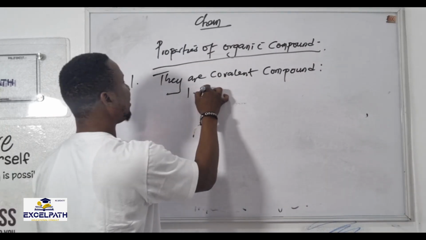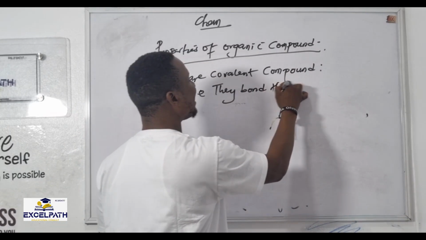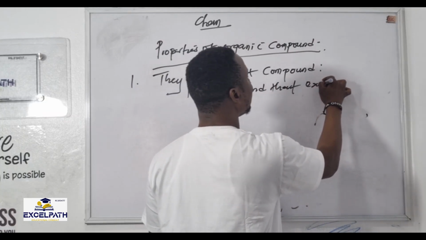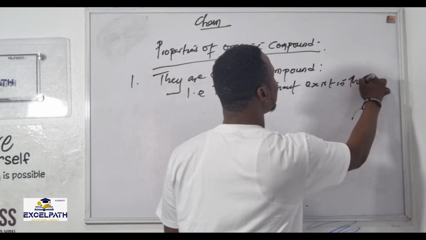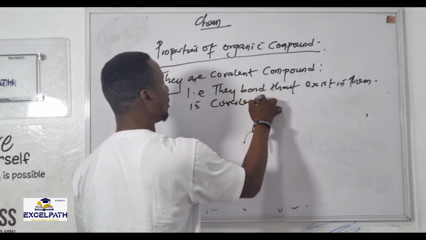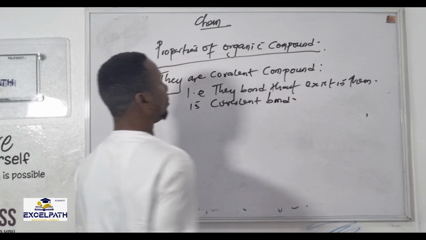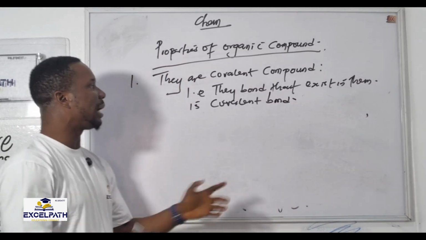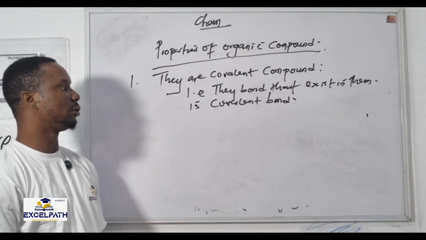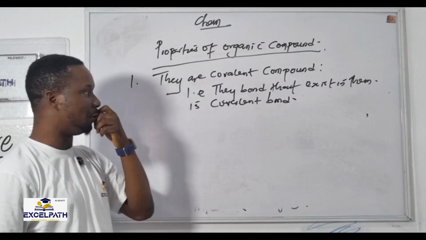That is, the bond that exists in them is a covalent bond. Take note: all organic compounds are covalent compounds. The bond that exists in organic compounds is a covalent bond.